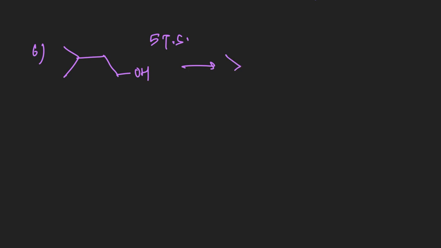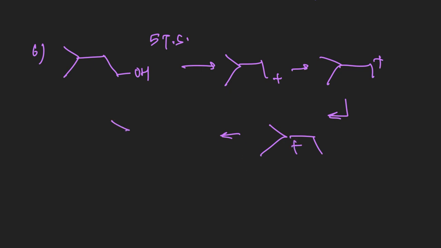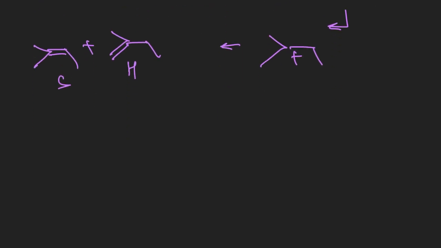Carbocation will generate here, will come here, will come here. This is Hofmann and this is Saytzeff. So if you draw, you will get 5 transition states.